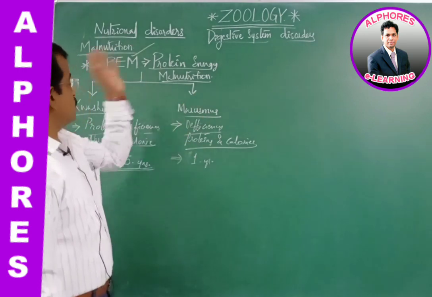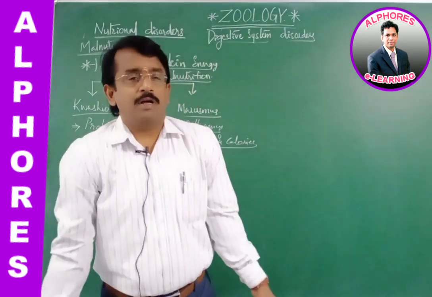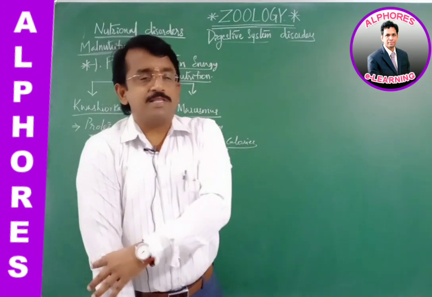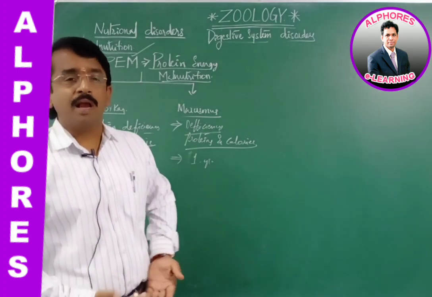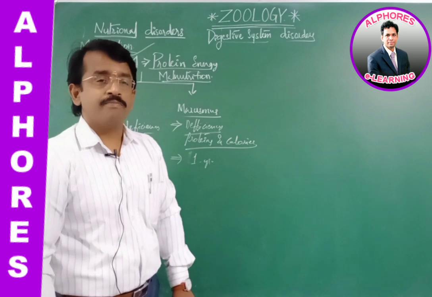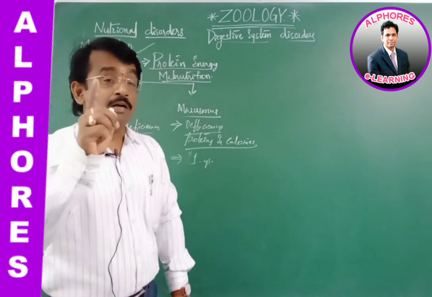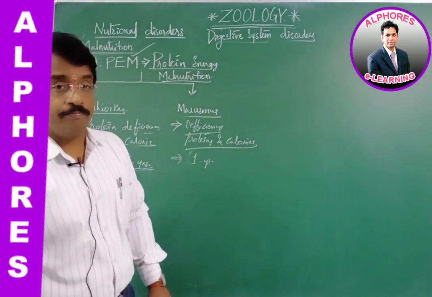The symptoms we see in kwashiorkor and marasmus are weak limbs, thin muscles, underdeveloped limbs, a swollen belly, dry and scaly skin, and physical and mental retardation also takes place.